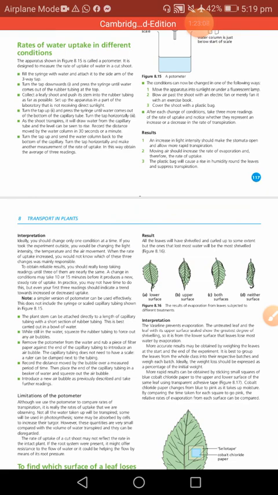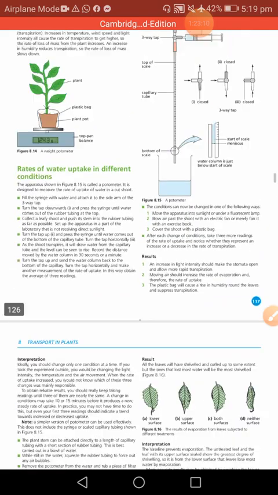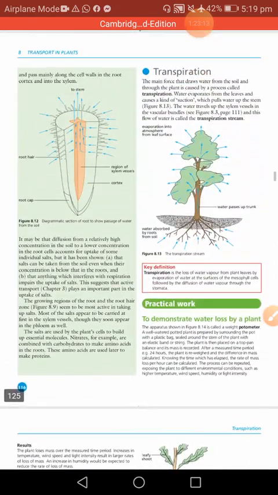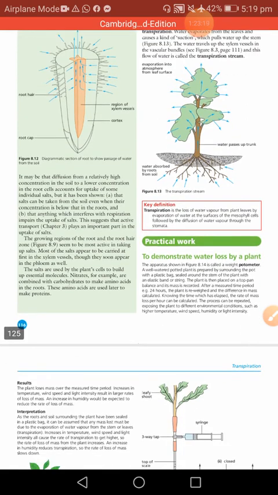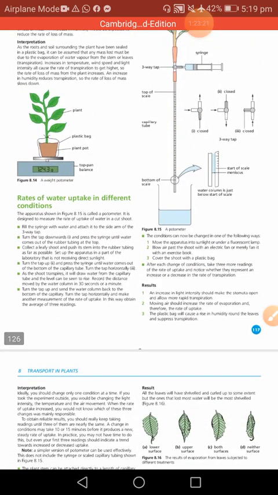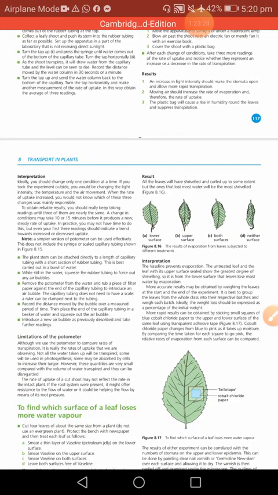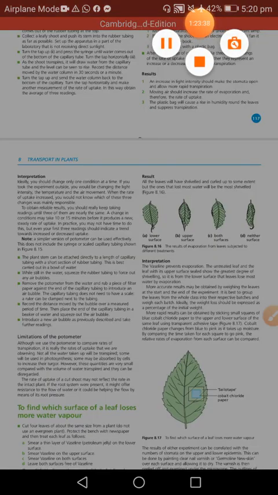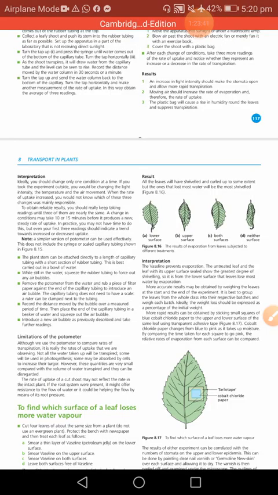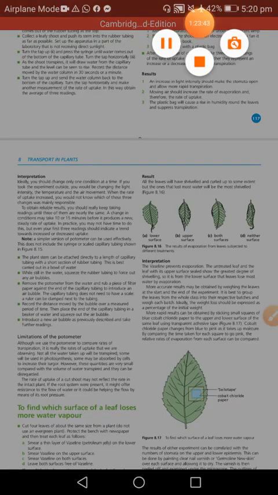So just keep in mind, remember it in this way, that glucose has got a lot of oxygen atoms inside it, which causes a negative charge. So what happens is that from the surrounding cells, potassium ions start to go into the guard cell.